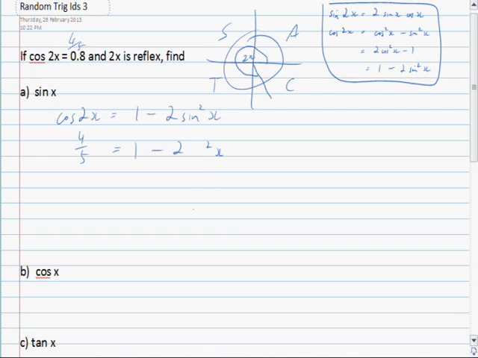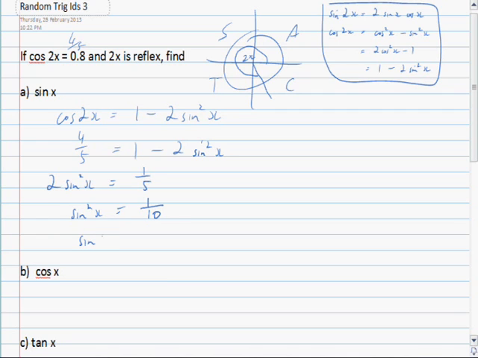Okay, now I'm going to have to simplify this. Why don't I take the 2 sine squared x over that side, so add 2 sine squared x to both sides, and then I'll take away 4/5 from both sides, so I get 1/5. I want to divide both sides by 2, so I get sine squared x equals 1/5 divided by 2, which is 1/10.